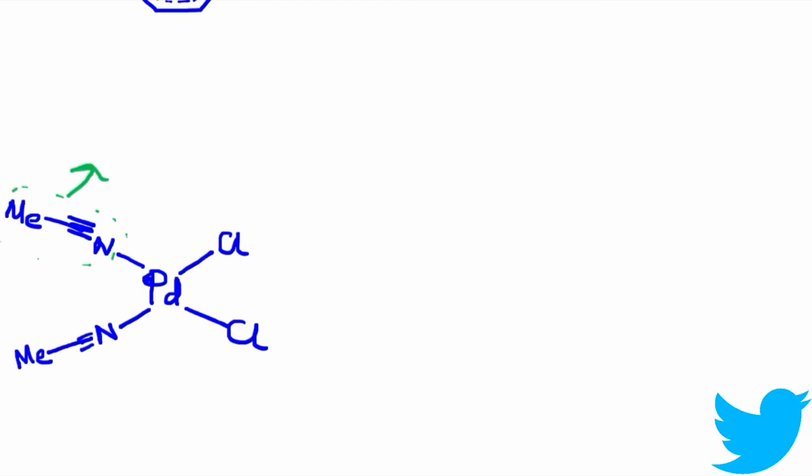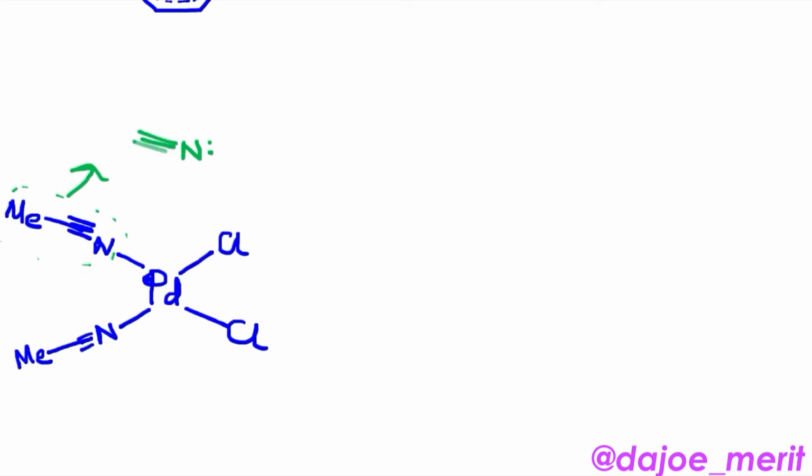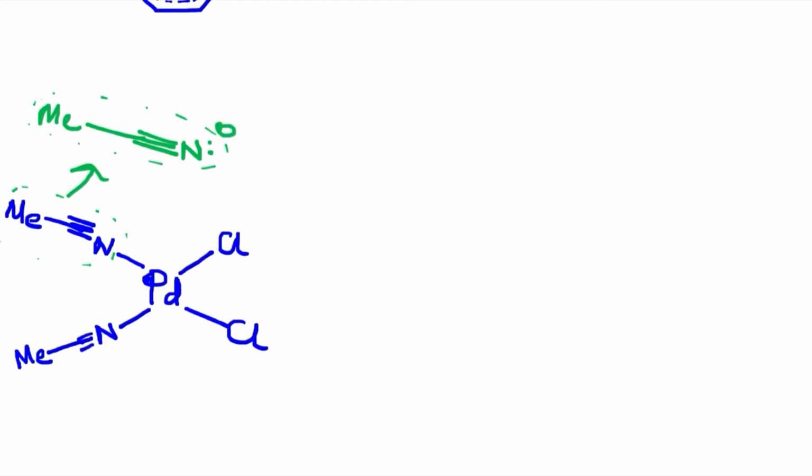This compound comes from nitrogen, which has a lone pair, and this has a triple bond, and this triple bond is attached to a carbon, and the carbon here is attached to a methyl group. So the overall charge of this particular compound is 0.